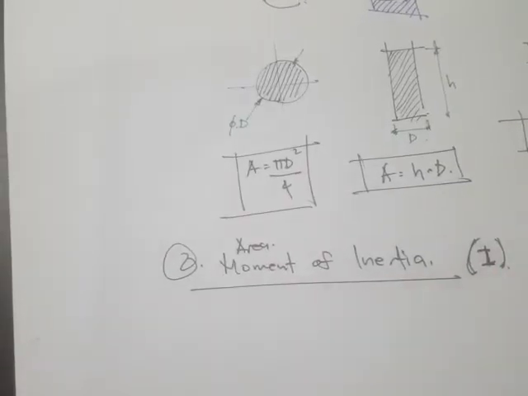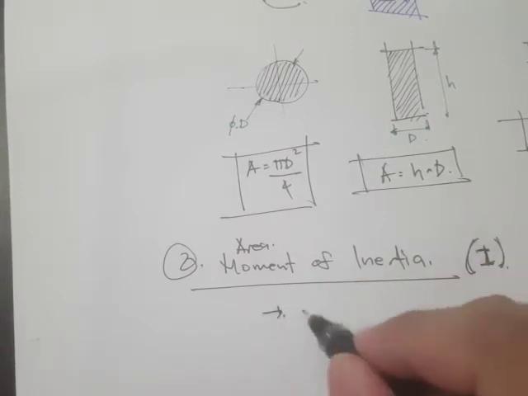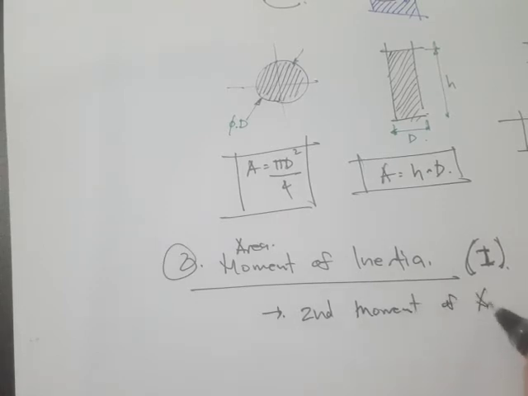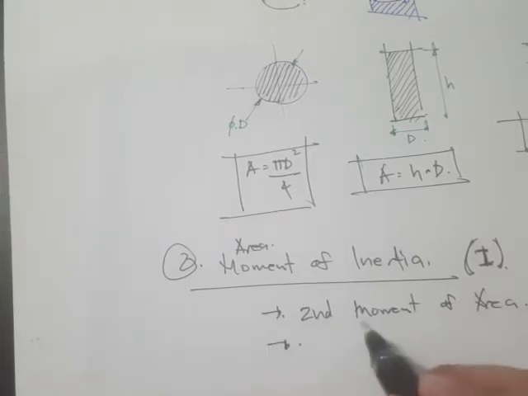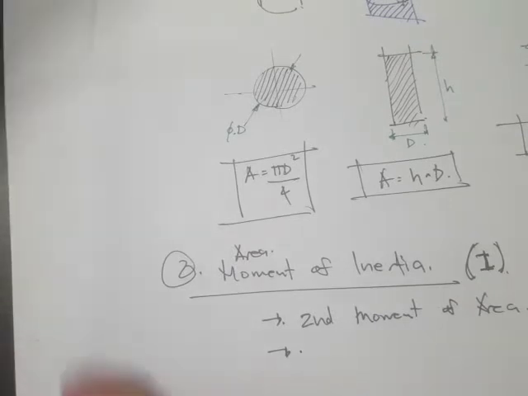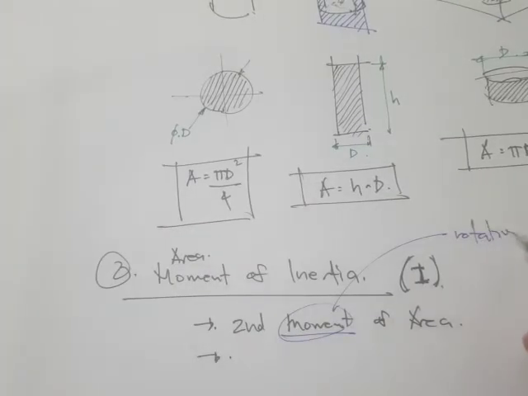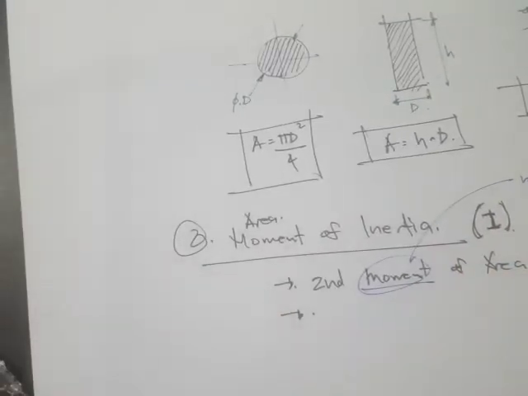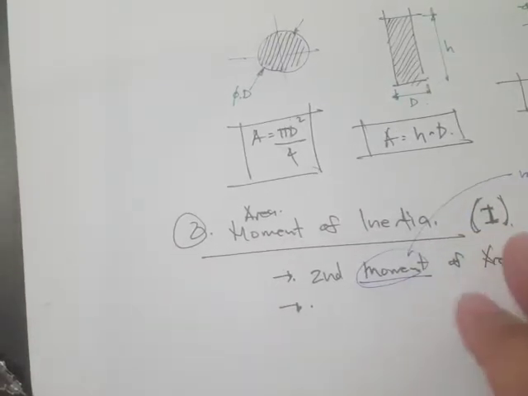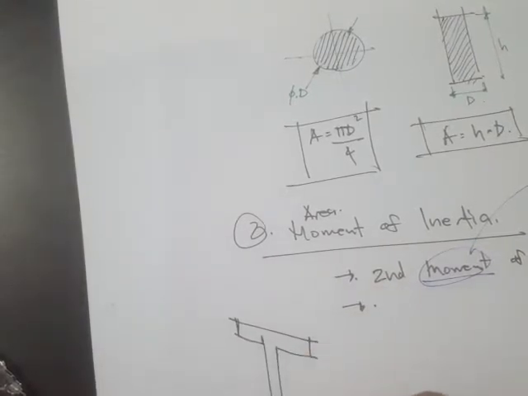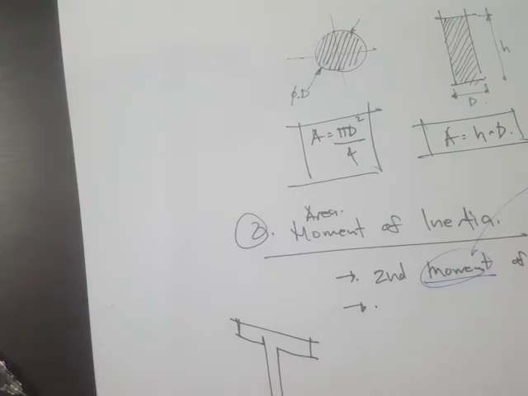Anyways, this moment of inertia is actually the second moment of area. When we say moment, you can think of rotation. Imagine that I have this cross-sectional area, and I'm going to draw it oriented in 3 dimensions.